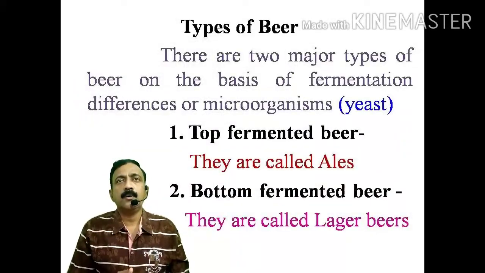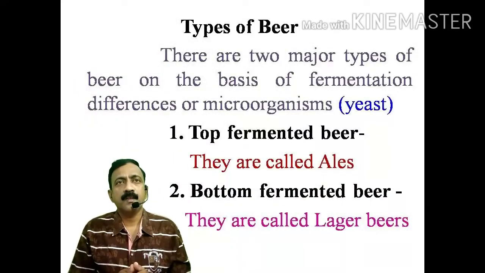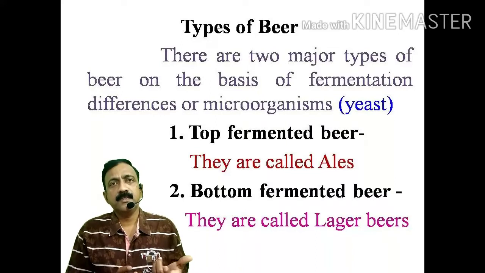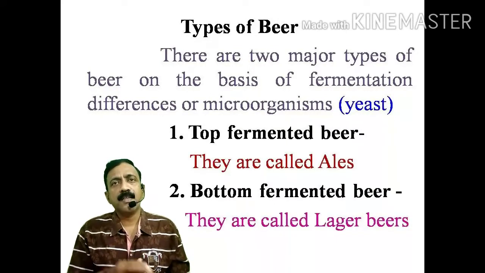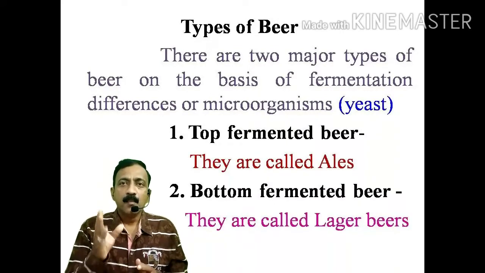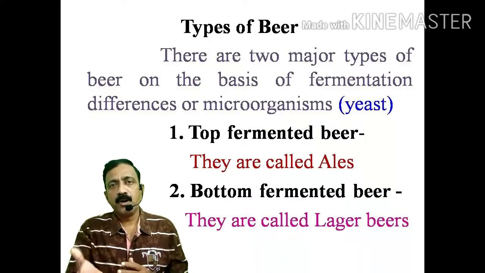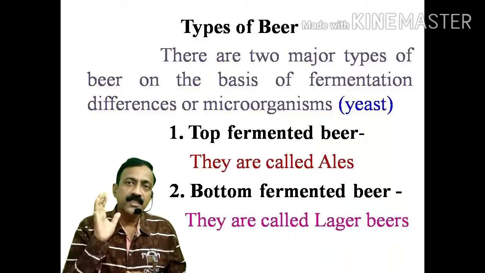As I already told, there are two types of beer, and these types are based on the types of yeast. The top fermented beers, which use the top yeast, are called ales, and the bottom fermented beers, in which bottom yeast are used, are called lager beers.